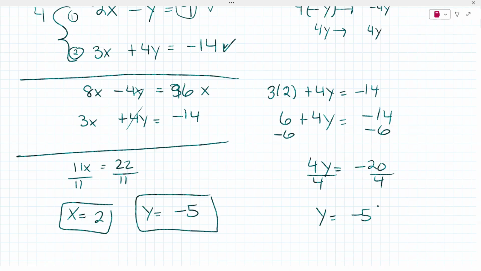Okay, so let's do an example where we solve using elimination. These ones are going to take a bit more time, and we're going to do them very carefully because there is a lot of algebra we have to do. So we'll do this carefully, step by step.